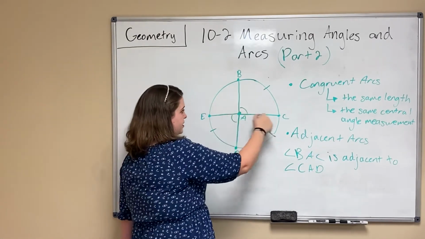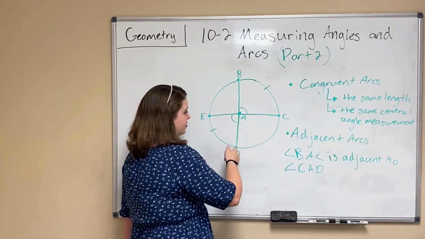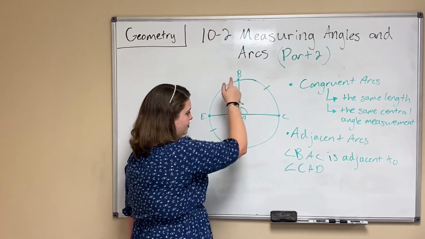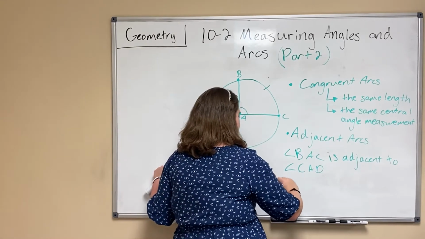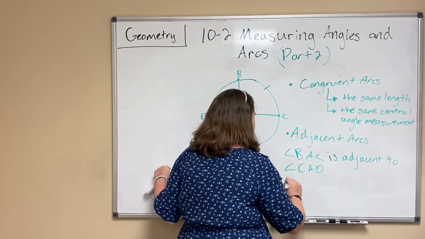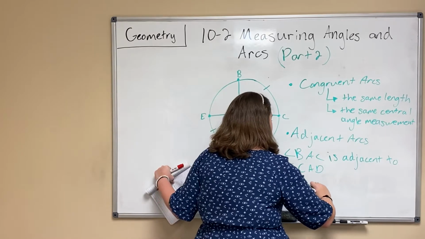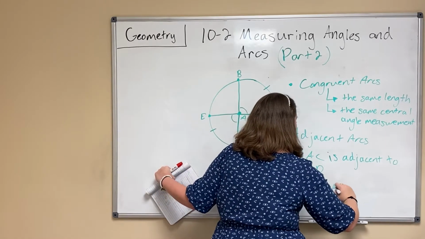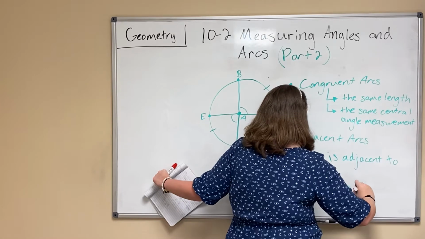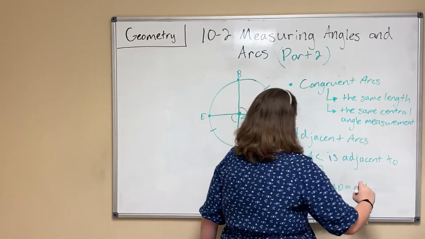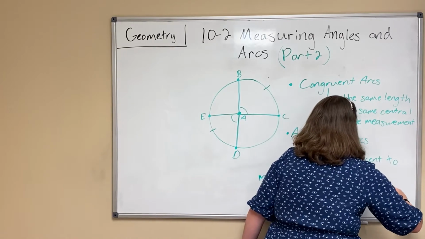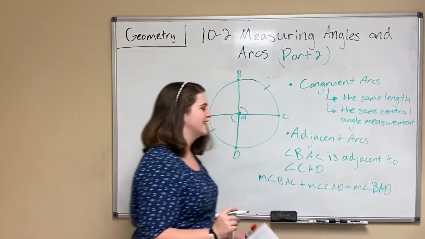If I have this plus this angle, it's going to give me this whole angle. So the measurement of angle BAC plus the measurement of angle CAD will give us the measure of angle BAD.